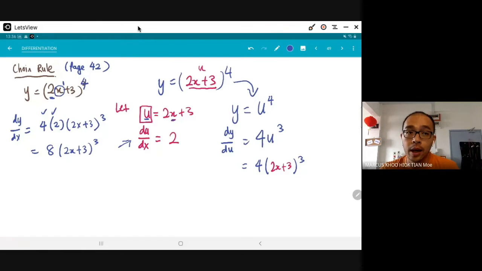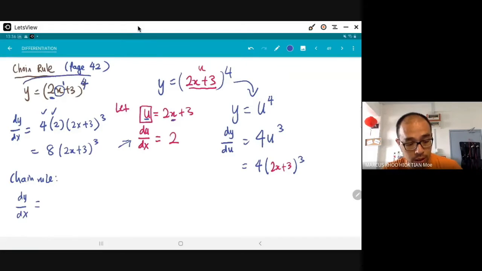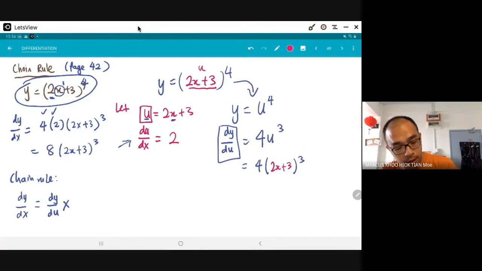So what we will get there, according to the chain rule, the actual chain rule, is that if we want to find dy dx in this situation, we will have to take the dy du from here, multiplied with the du dx.